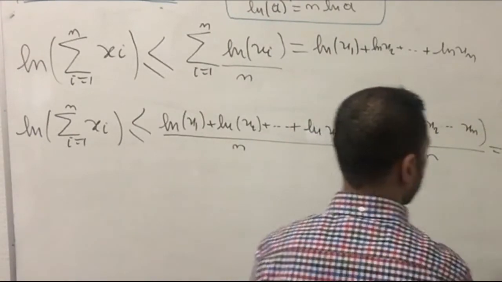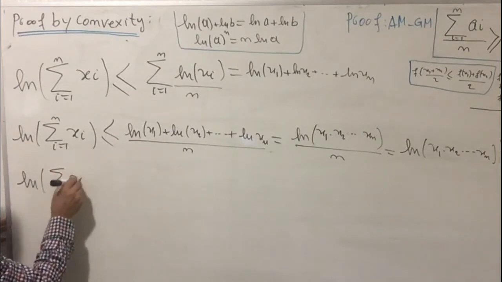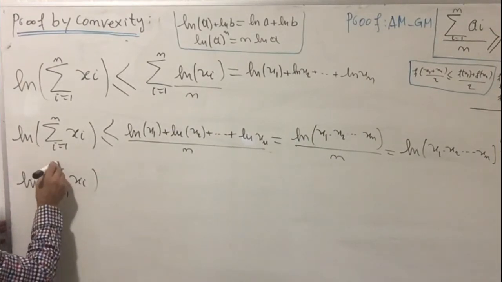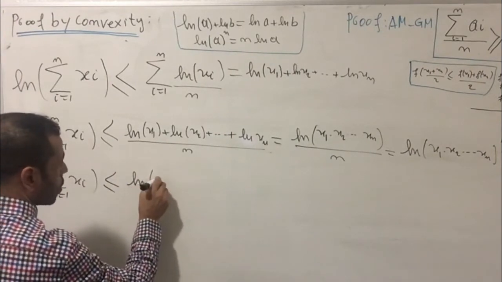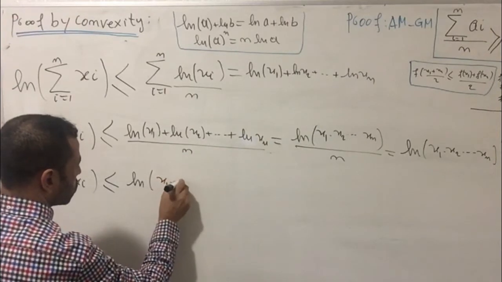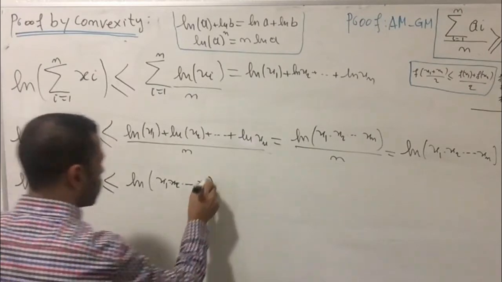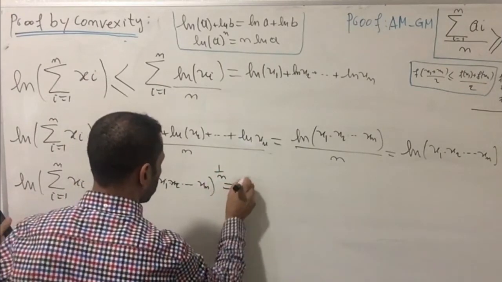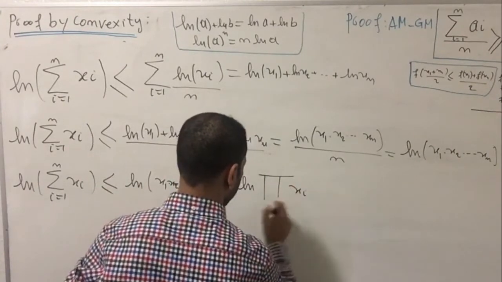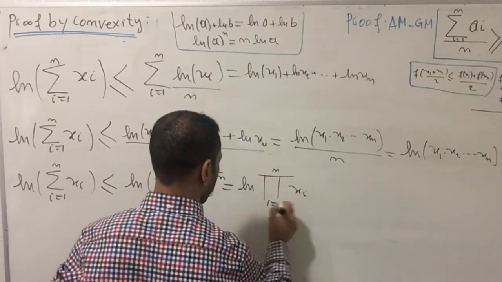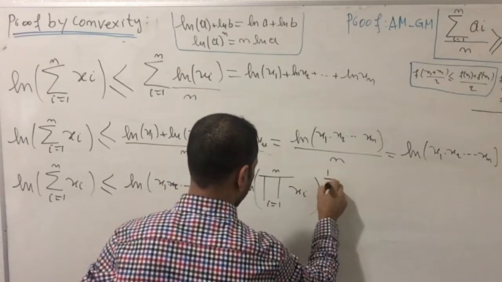So now natural log of the sum of xi, i goes from 1 to n, is inferior or equal to natural log of x1, x2 until you get the last term xn, to the power 1 over n, equal to natural log of the product of xi, i goes from 1 to n, to the power 1 over n.